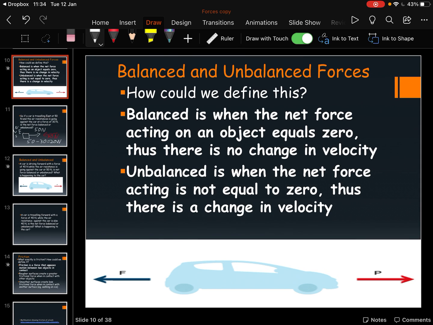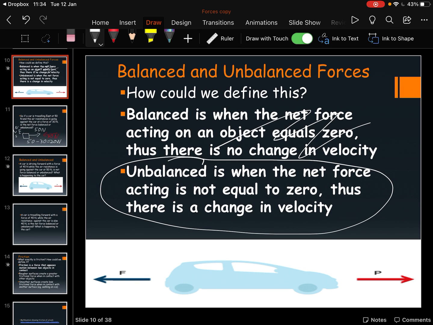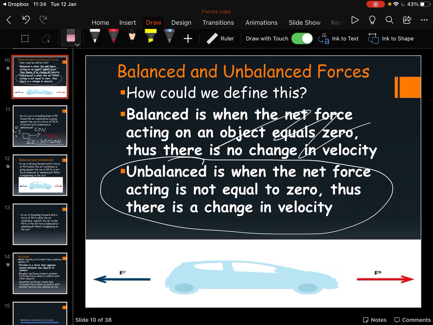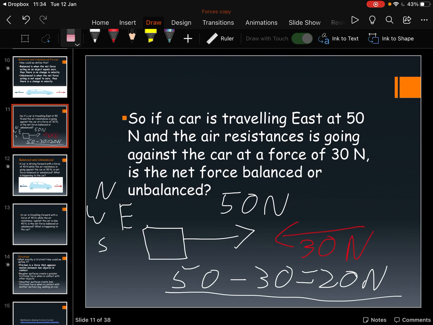No. Because we don't have a 0, that means it has to be unbalanced, because the net force does not equal 0. So 50 minus 30 gave us 20, therefore the net force is not 0. So this would be unbalanced. Do you understand? Sometimes it helps to draw the little diagram.